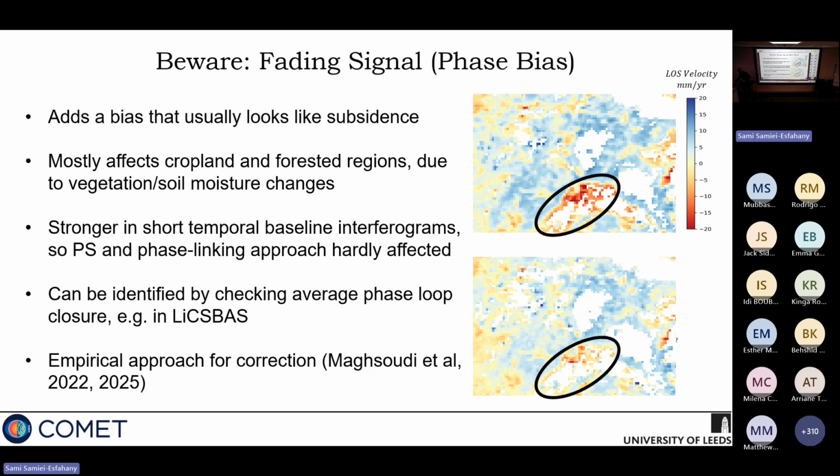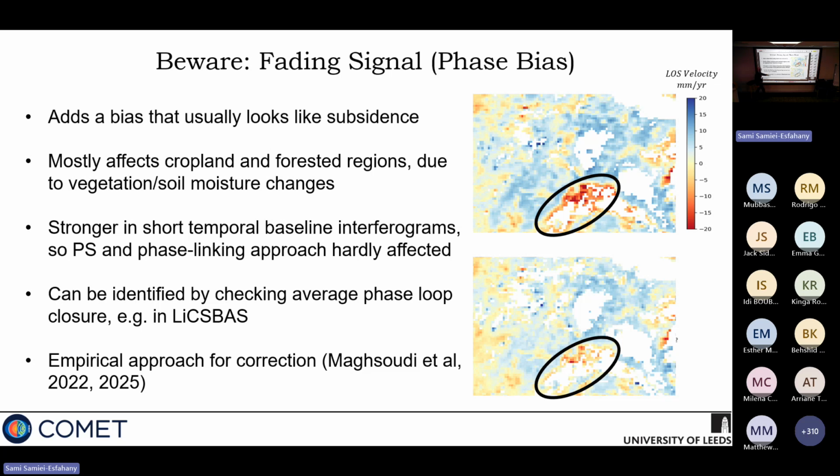And that's based on the fact, as I mentioned already, that if you calculate these loop closures, you expect to get back to zero if you have no unwrapping errors. You won't, because of noise, but also because of these phase biases. So you can actually use this phase bias term within the loop closures to estimate what the bias is. That's the sort of basis of correction approaches like this one here.